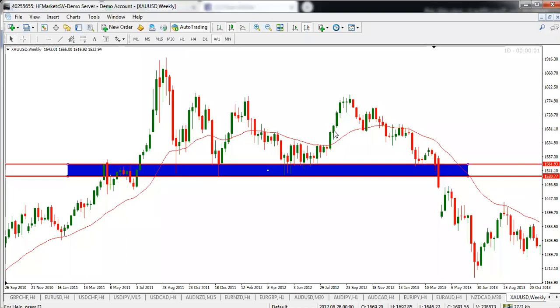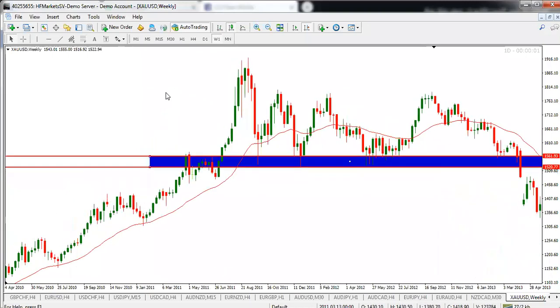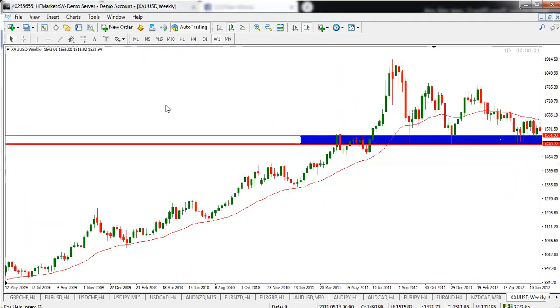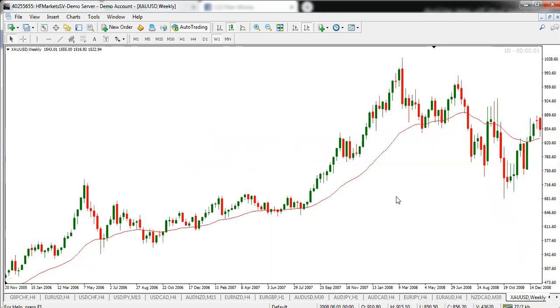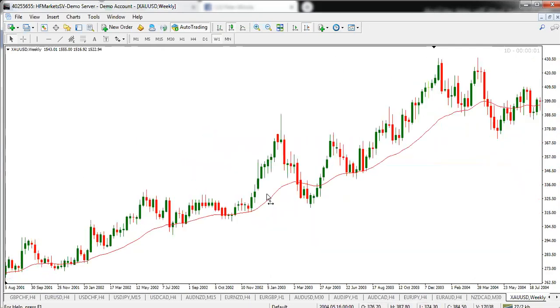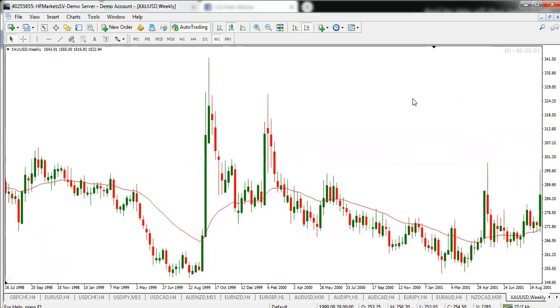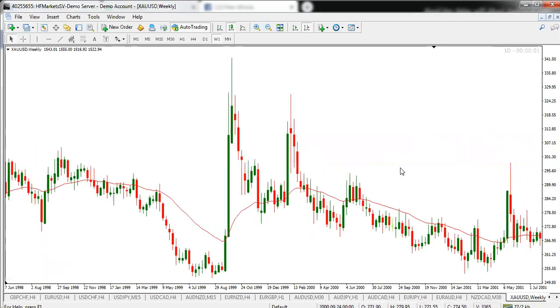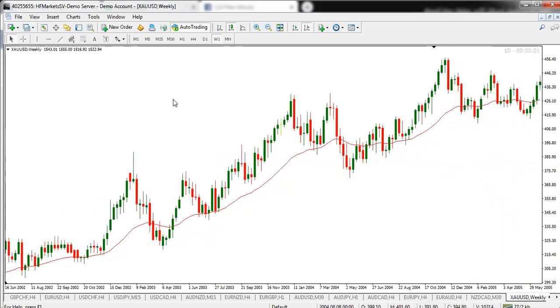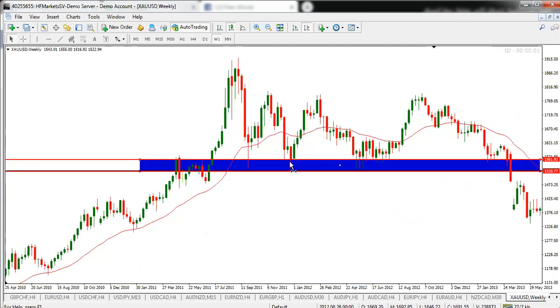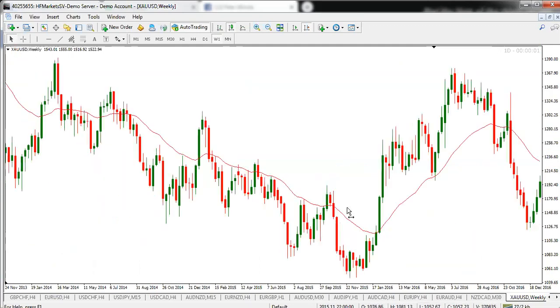Now, if you try to look at what happened before this particular point we are looking at, let's see if we can go back in time a little bit more. Actually we can't. But let's see if we can go forward and see if there's any reaction to that.